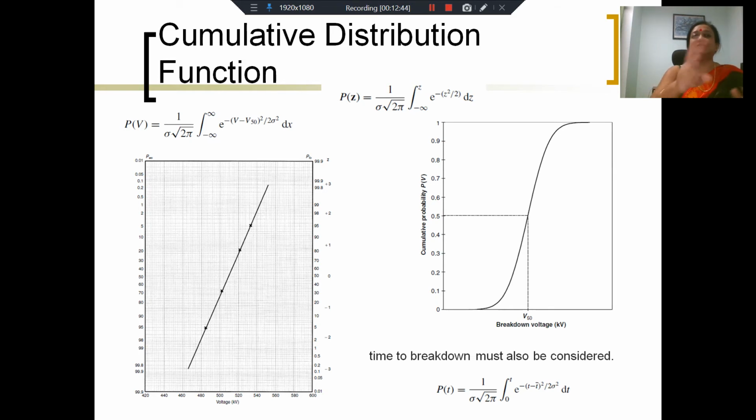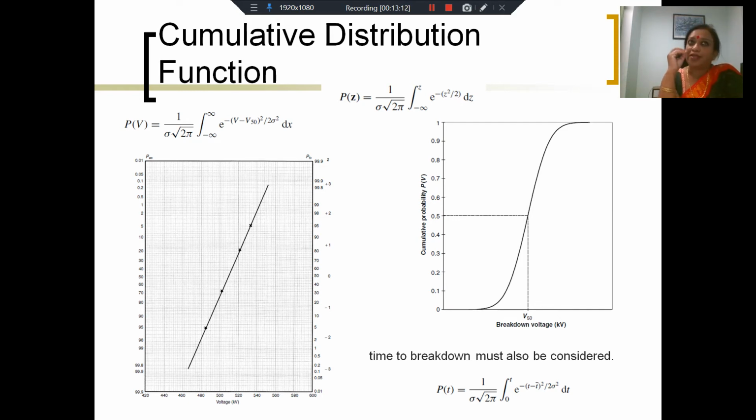If I only consider just 20 kV and 30 kV, the probability is 20% for 20 kV, 20% for 30 kV, that is 40%. So I have a 40% probability that air will not be able to withstand 30 kV per centimeter, because there is a 20% probability of failure at 30 kV. There is also a 20% probability of breakdown at 20 kV.